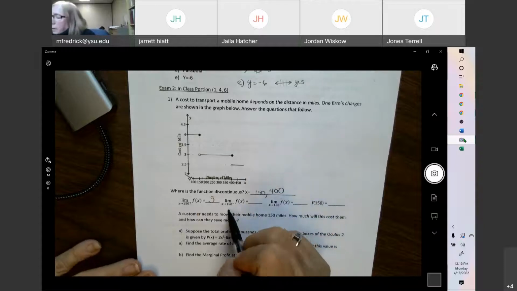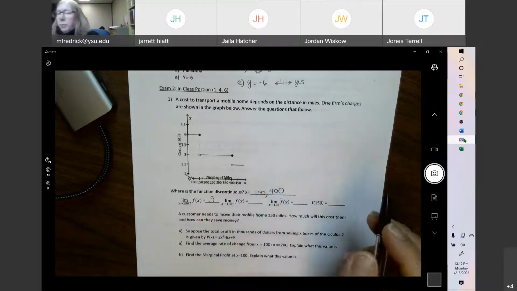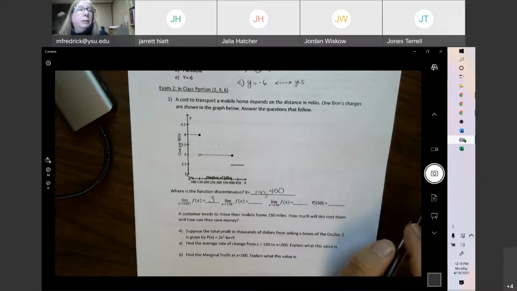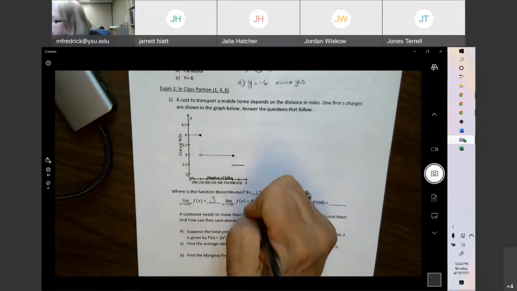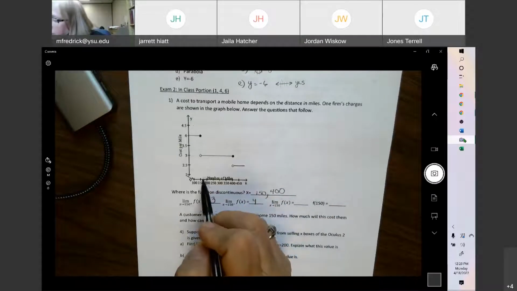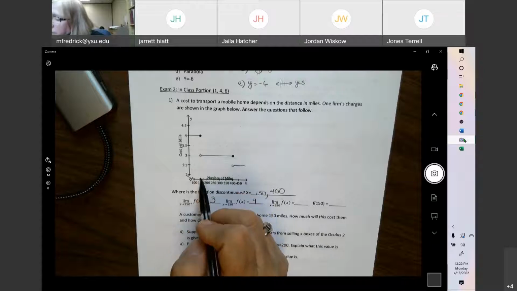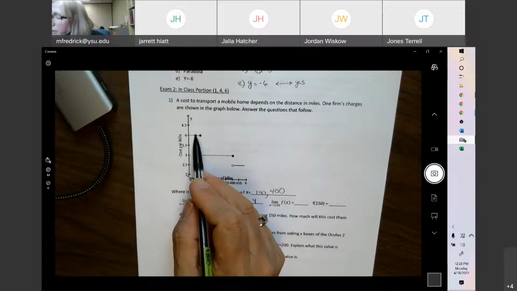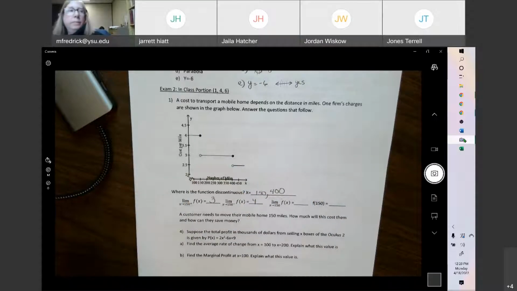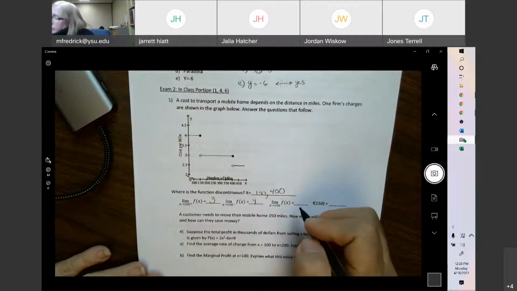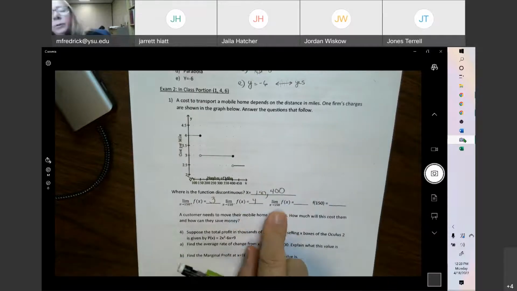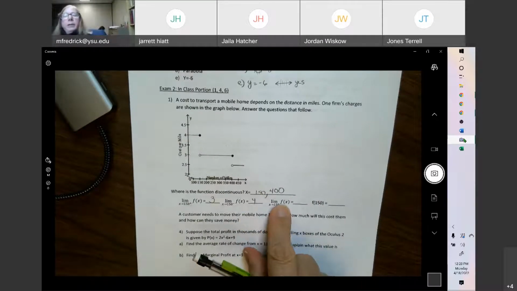Okay, what's the answer for the limit as x approaches 150 from the left? Yes, 4. We go 150 from the left would be this side. Our line's up here at 4. Any questions on that part? Now, when we're looking for this one, it's not from the right or the left.